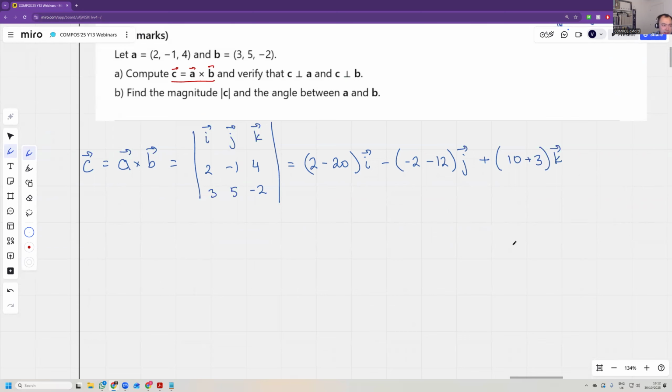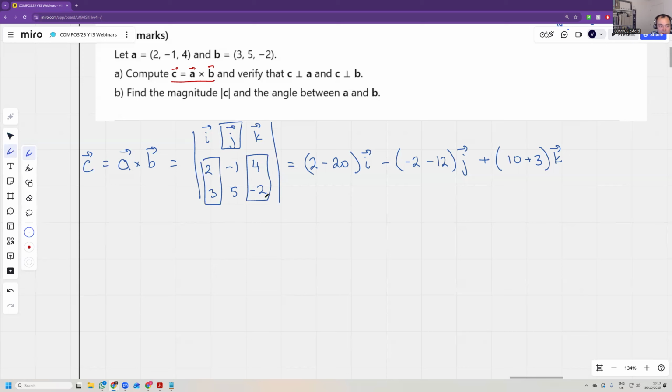Okay, so what I did is, I found that I need to find the determinant of a 3 by 3 matrix. To do this, I take the first element and multiply it by the determinant of this 2 by 2. The determinant of this 2 by 2 is 2 minus 20. Then I do minus the second element multiplied by the determinant of this matrix of 2, 4, 3, minus 2.